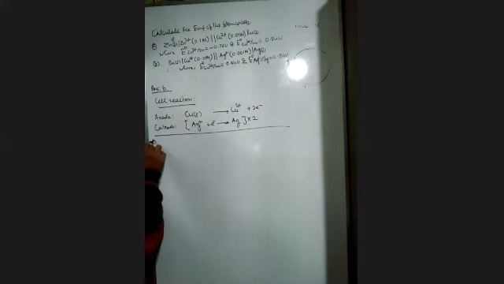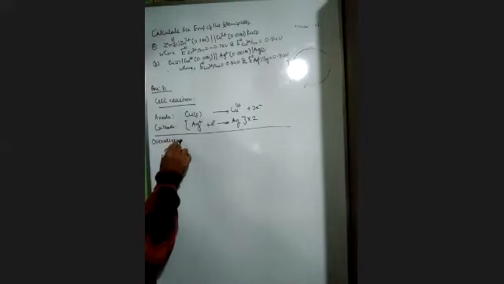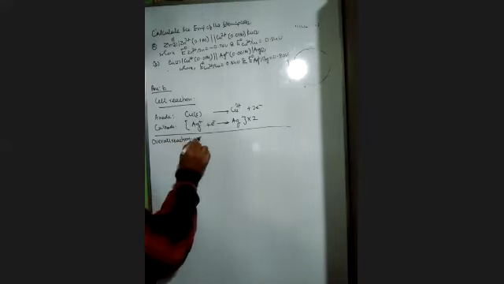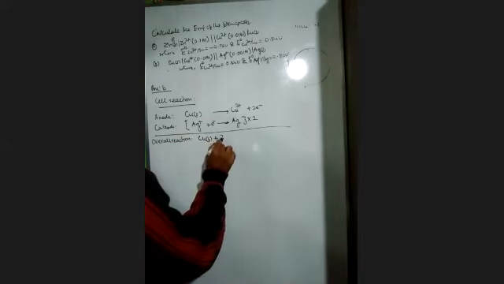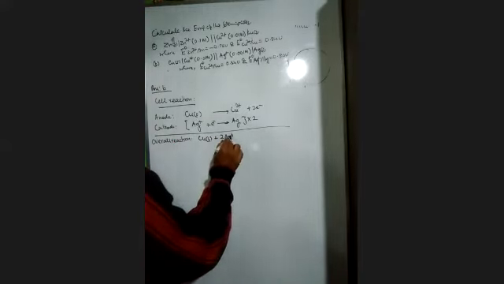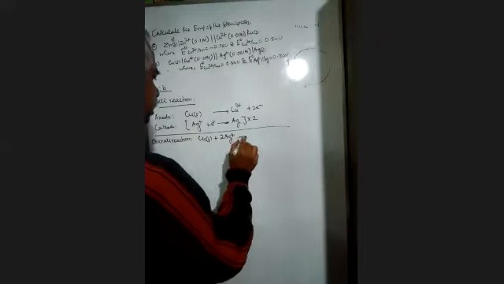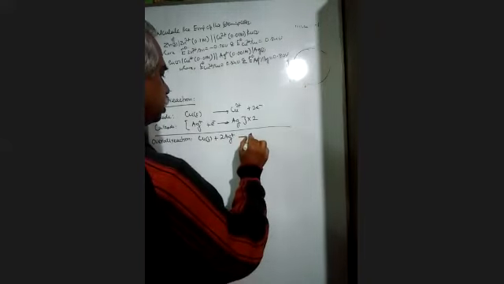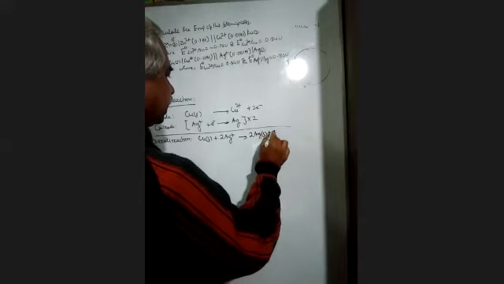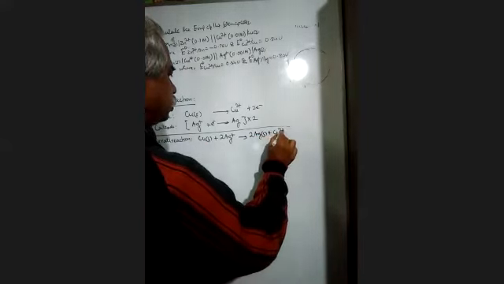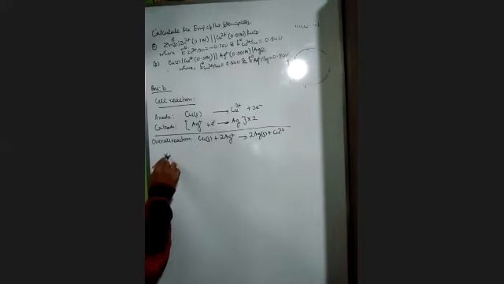So what is the overall reaction now? The overall reaction is Cu(s) plus 2Ag+ gives you 2Ag(s) and Cu2+. See, this is 1, this is 1. What is the value of Kc here?